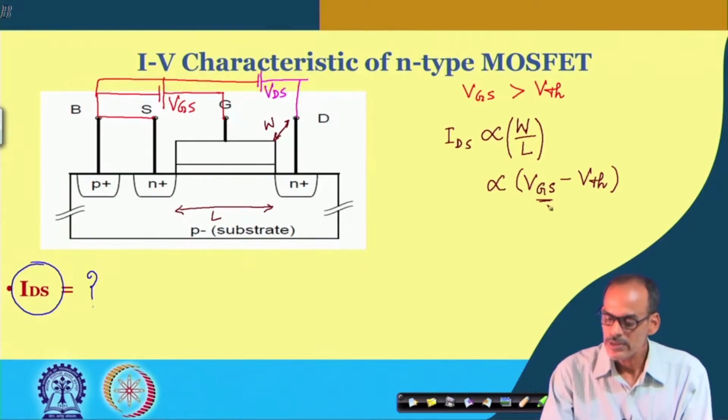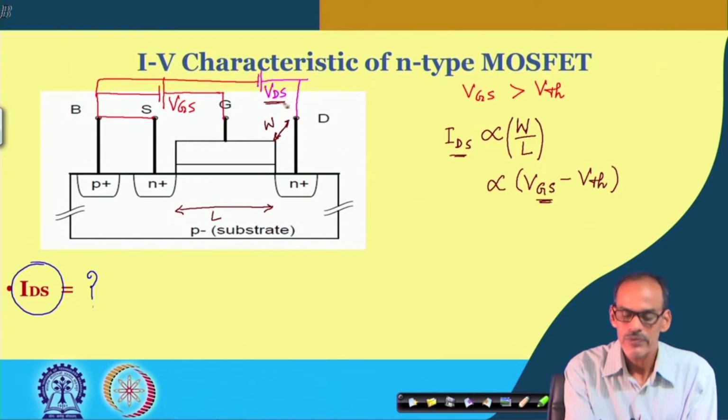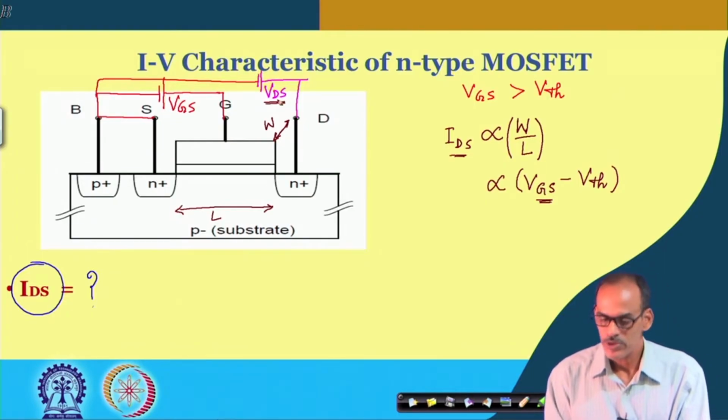So, we can say VGS minus VTH is directly increasing this current. And also we do have the lateral field, which is getting produced by VDS. So, we can also say that this is proportional to VDS.